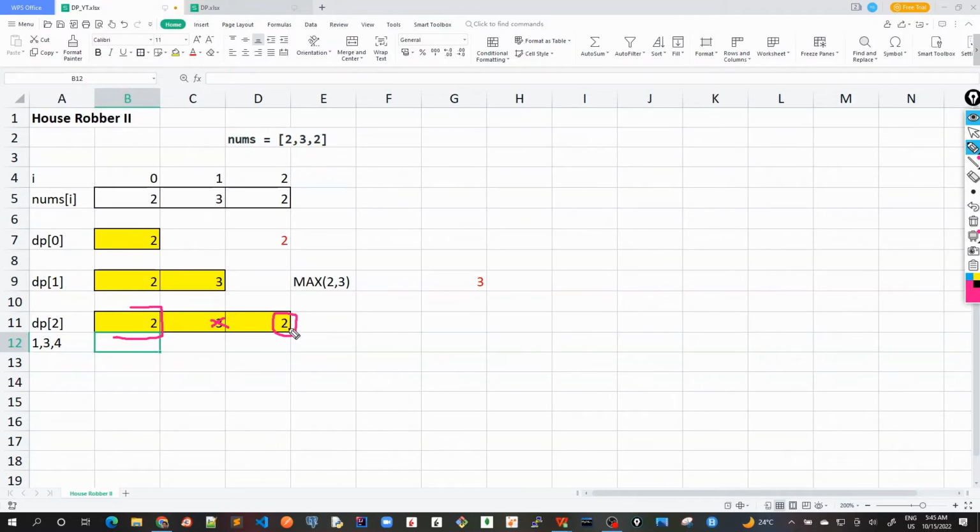So if we are choosing this, whatever is the neighbor to it is 3. We are unable to rob this house because of the condition, because of the security alert in the neighbor, and 2 plus whatever has been the DP at this particular index before all the houses here.